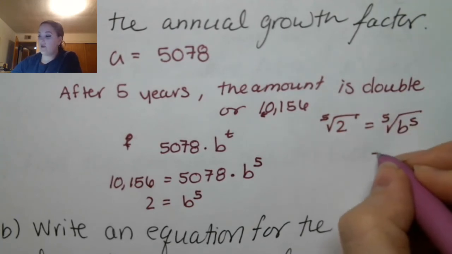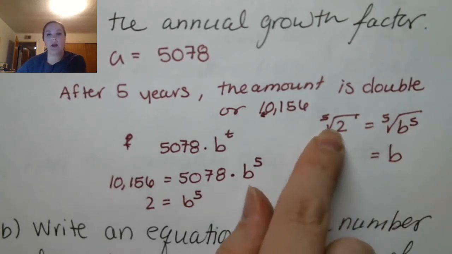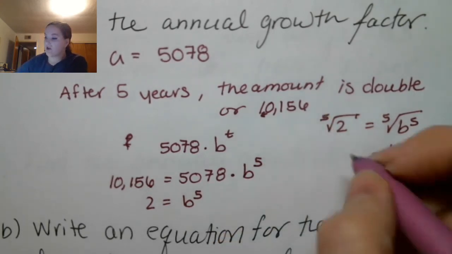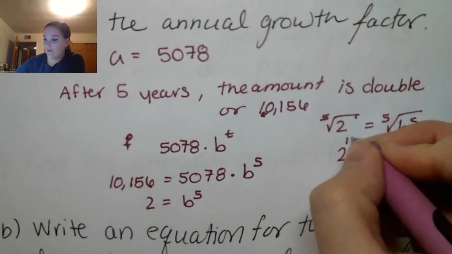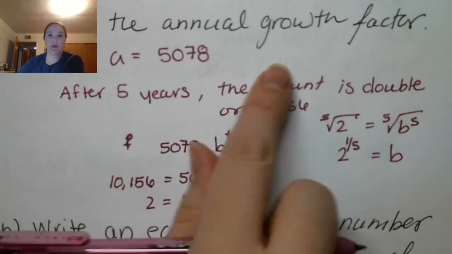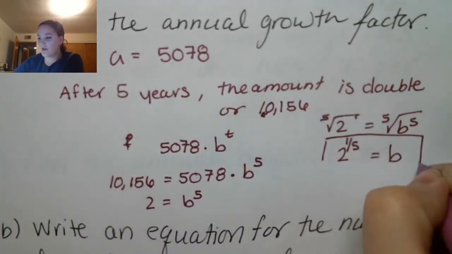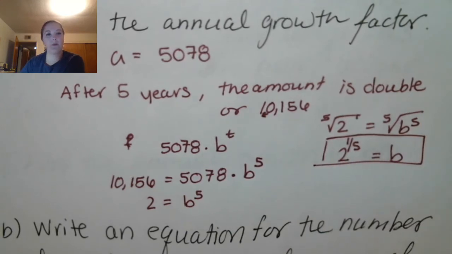The fifth root of b to the fifth is b. I'm just going to go ahead and write this in exponential form. So this is what it's asking for, my annual growth factor: b is 2 to the 1/5 power.